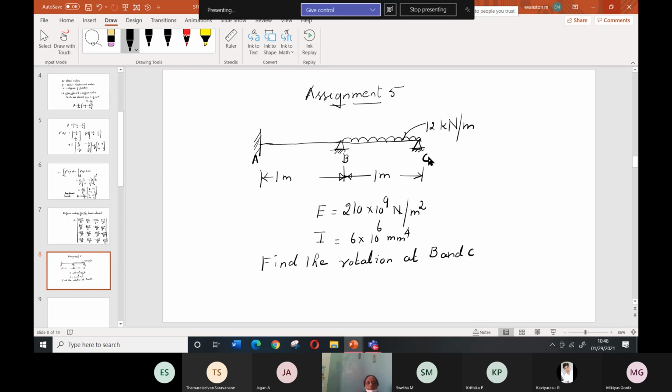You have to find out the value of U, because you will have U1, U2, U3, U4, U5, U6. But here, this is a fixed end, so there will not be any rotation, no translation. Here no translation, but rotation will be there. That's what is asked. Theta B and theta C, you have to find out.